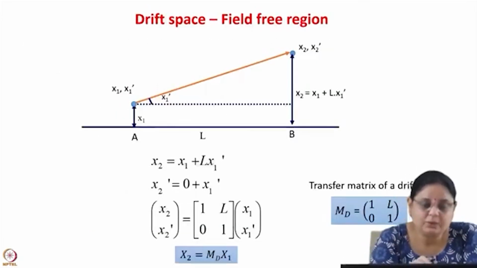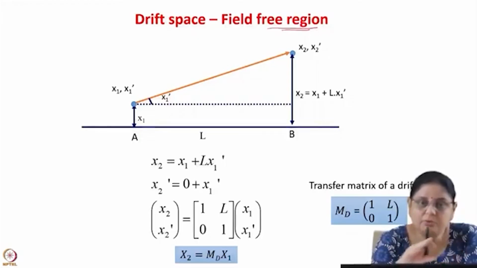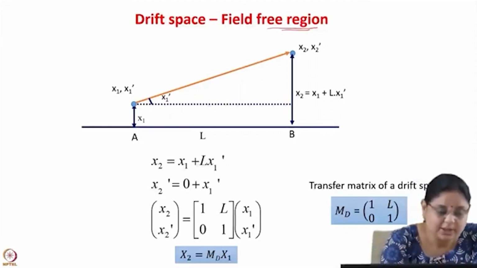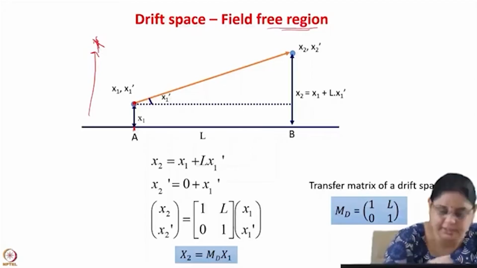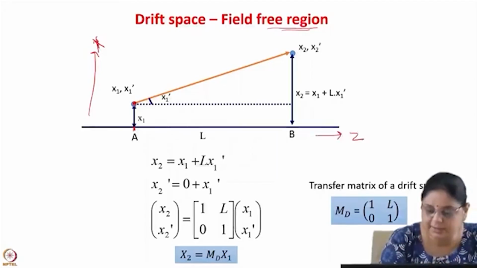Okay, let's see now the behavior of a beam in a field-free region. This is known as a drift space. Field-free region means there is no field, no electric field, no magnetic field. So let's say the charged particle is here at point A. We are analyzing its motion in the x direction, and this is the z direction.